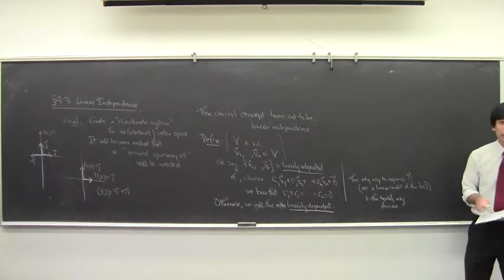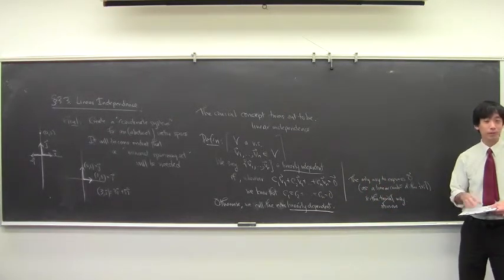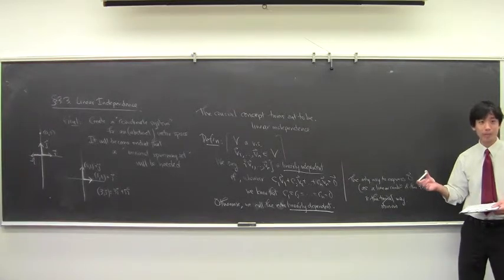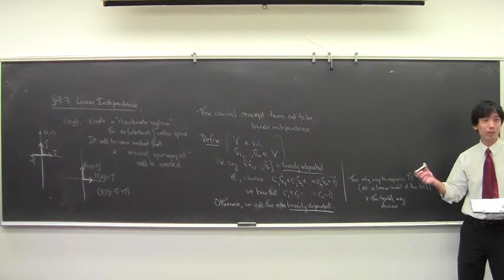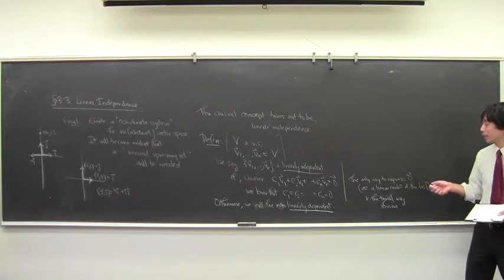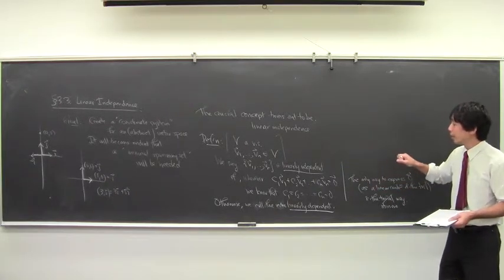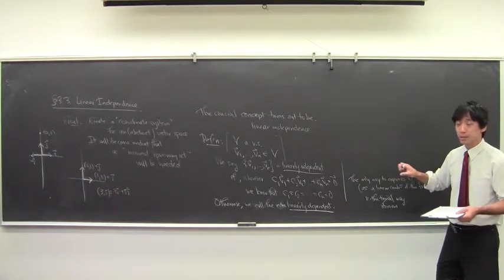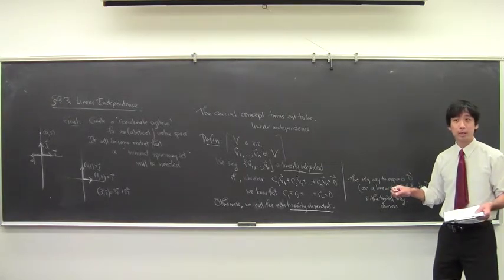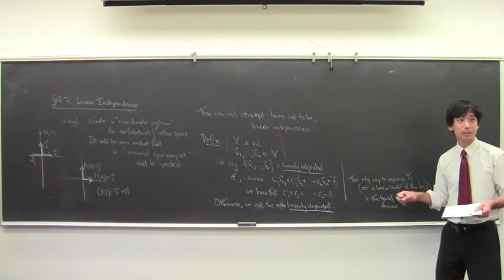Given any bunch of vectors, you can always get to the zero vector as a linear combination. Just multiply everybody by zero, add them all together, you get the zero vector. And this is saying that if there's no other way to get to the zero vector, then we call these guys linearly independent.